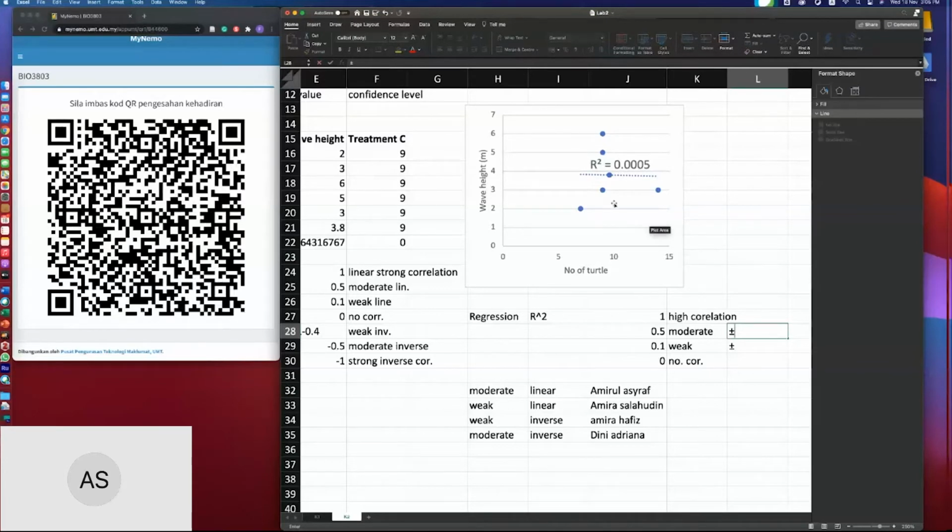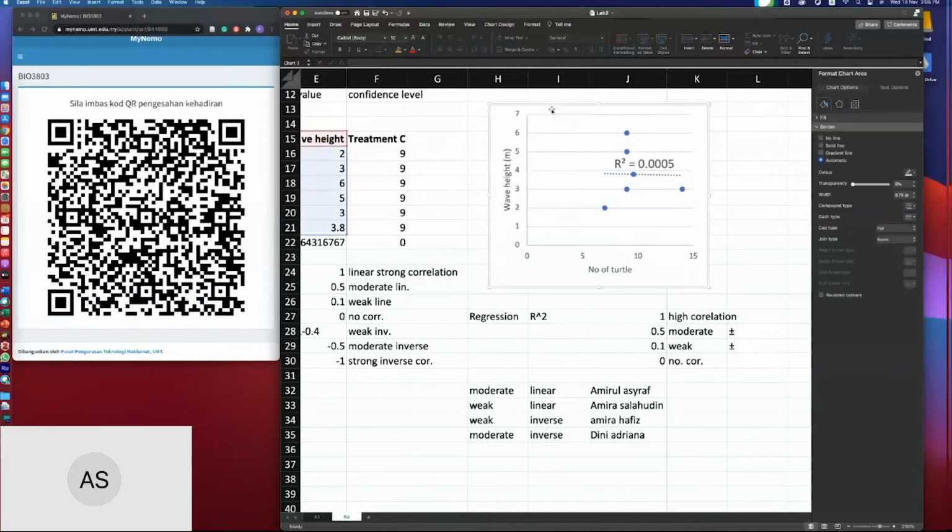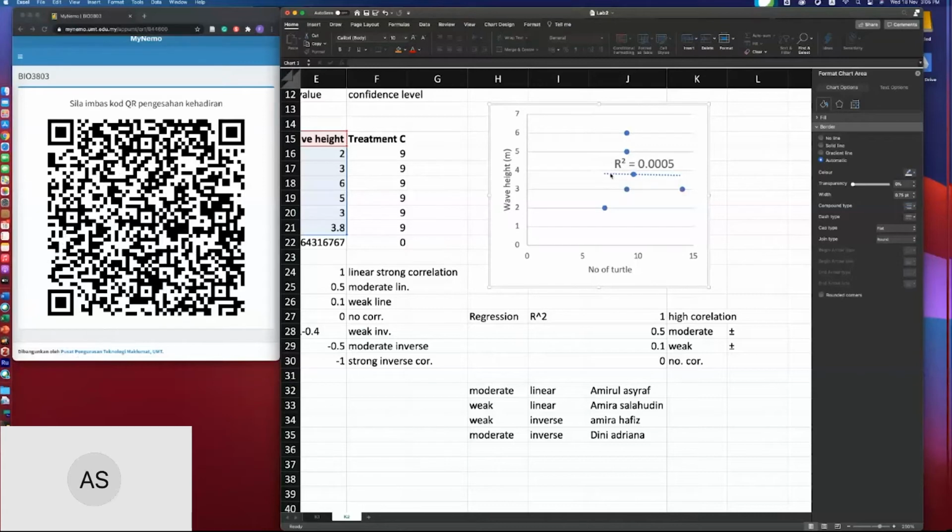So how do you know whether your factors have a positive correlation or negative correlation? Through regression, the only way to do it is by looking at your graph. Nampak the line here indicates whether it's positive or negative.